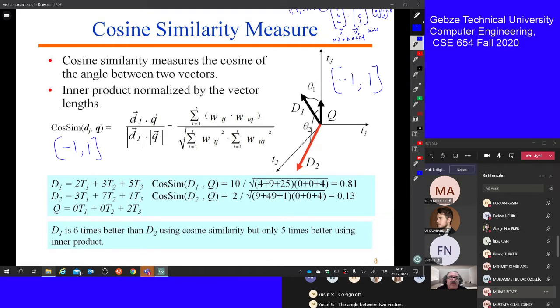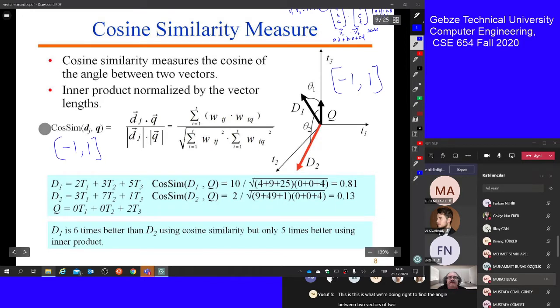Cosine of the angle between two vectors can be 1, can be 0, can be -1, or anything in between, right? But given our circumstances, this is what we are doing, right? To find the angle between two vectors of two documents. What would be the range of this formula? It would be between -1 and 1, or it's something else?